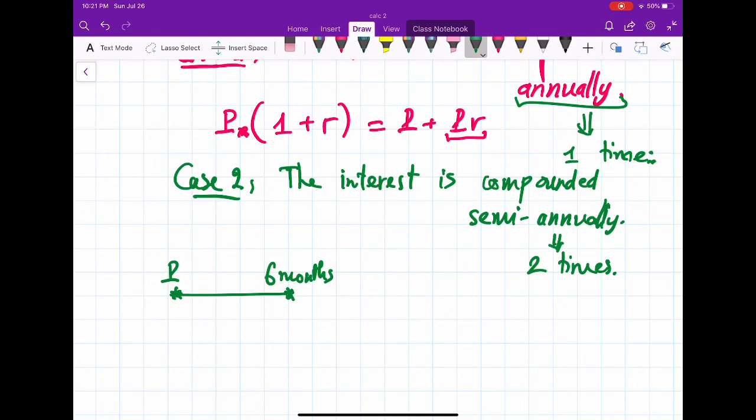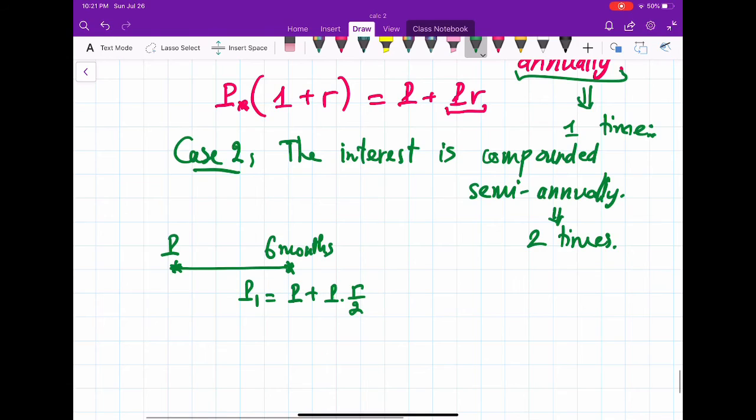So in this situation, I will have P1 equal to P plus P times R over 2. You see that? Because R is the rate for the whole year, right? So for 6 months, that is R over 2, just a half of the rate. Is that correct?